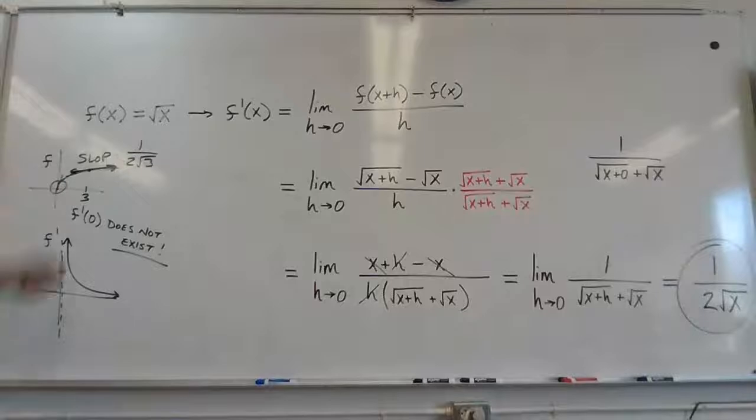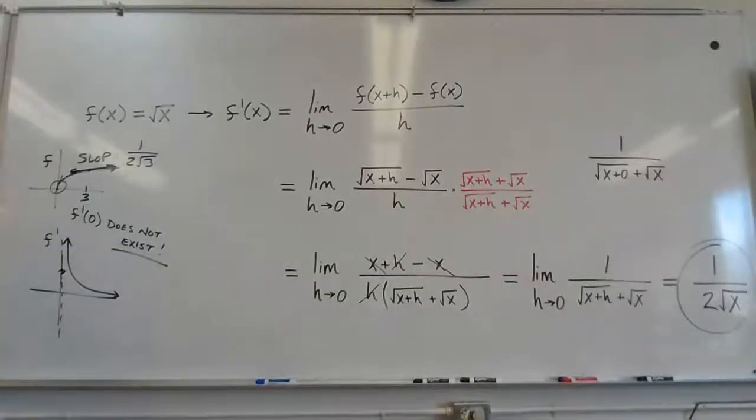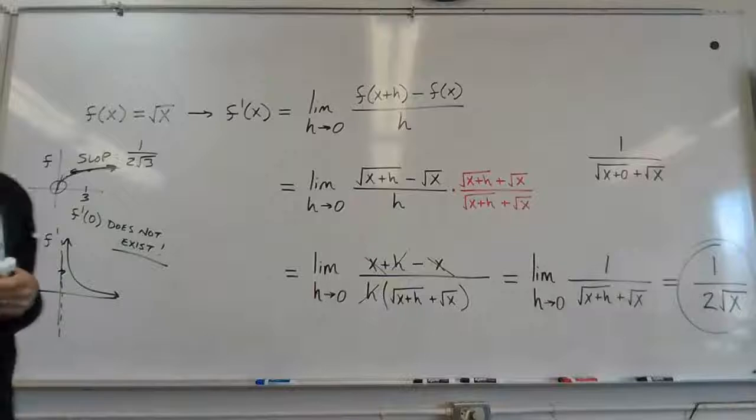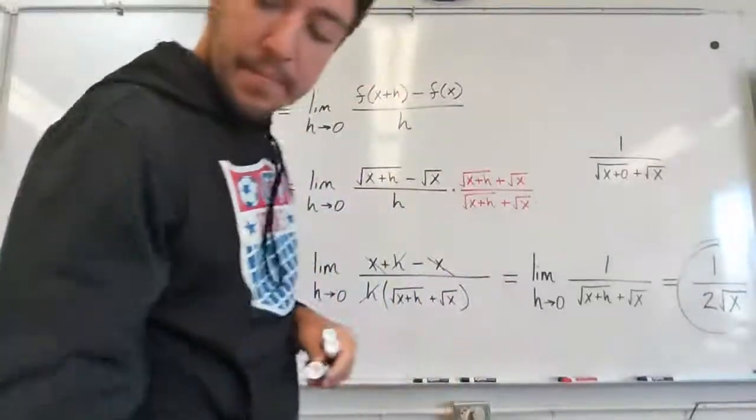What's the derivative when x is 1? 1/2. Easy peasy, right? And then the question of when is the derivative undefined or does not exist, it would be any x value less than or equal to 0. Does not exist. Okay, let's move on.